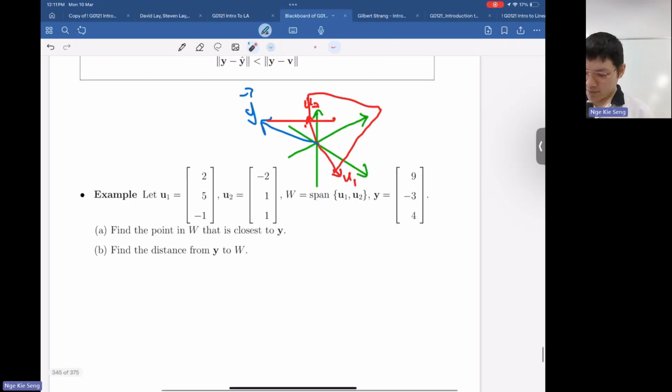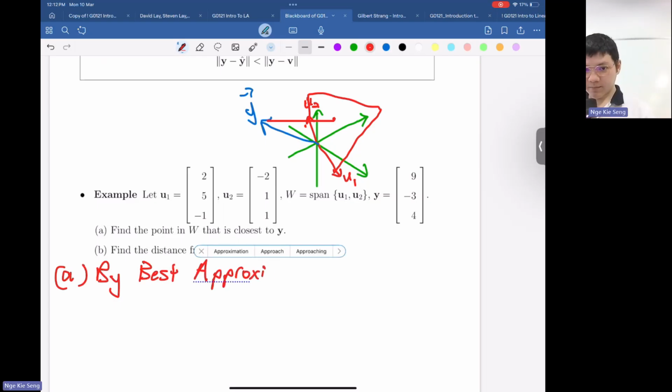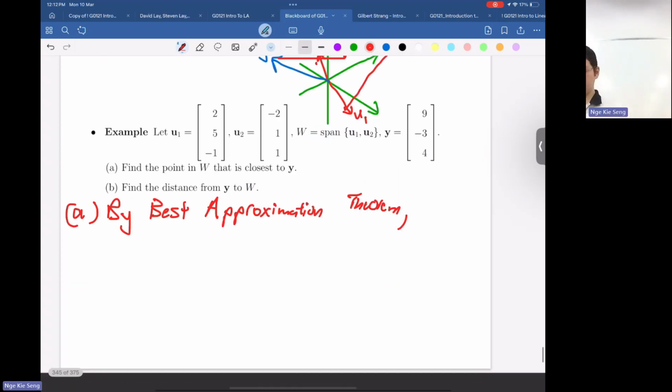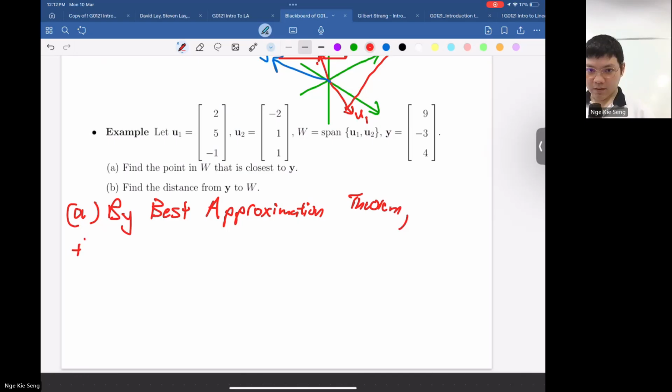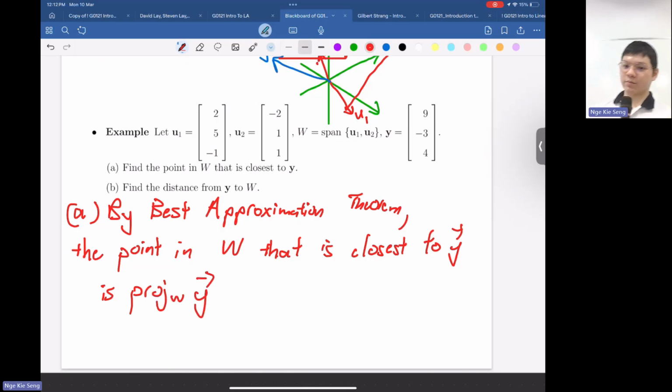By the previous theorem, the best approximation theorem, the point in W that is closest to Y is the projection of Y. Because if you move away from the orthogonal projection, your distance will become longer.